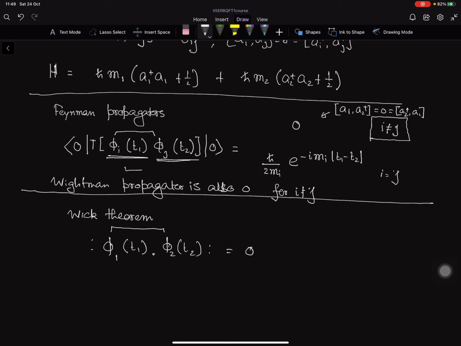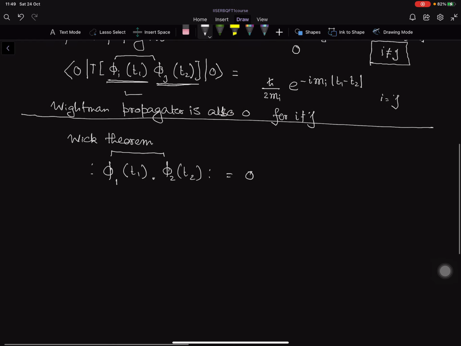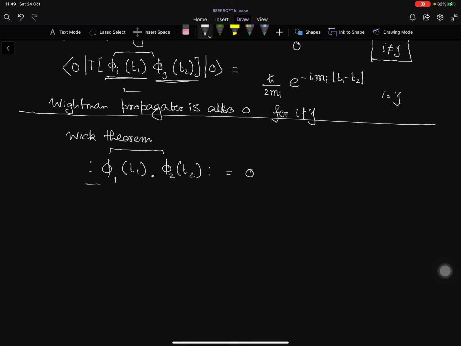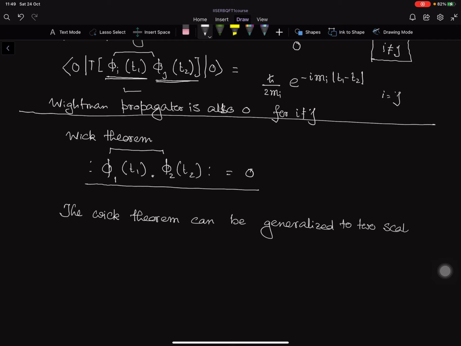So with this modification, Wick's theorem straightforwardly applies also for multiple scalars. It can be generalized to two scalars.